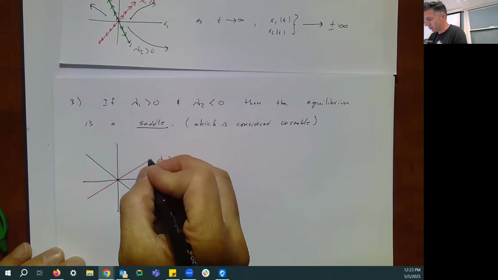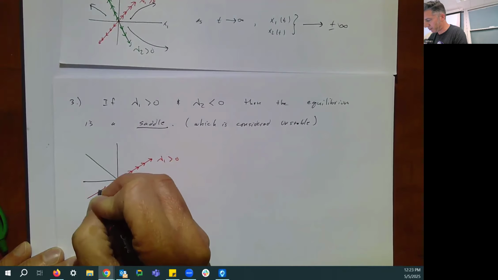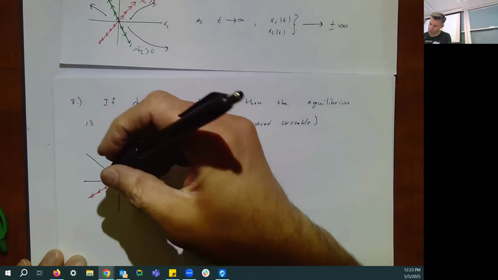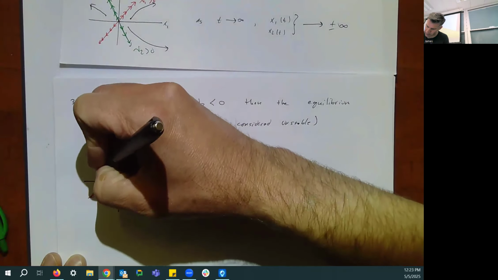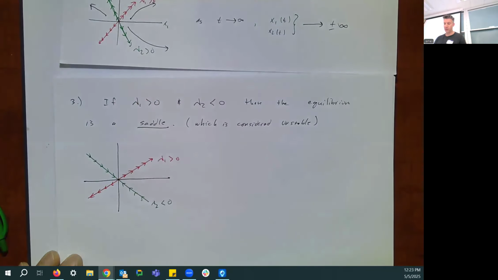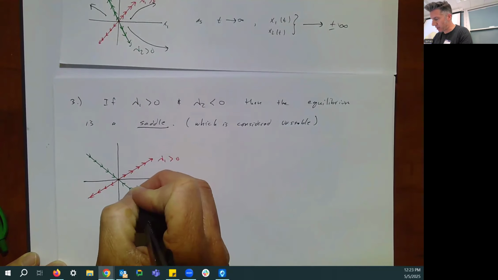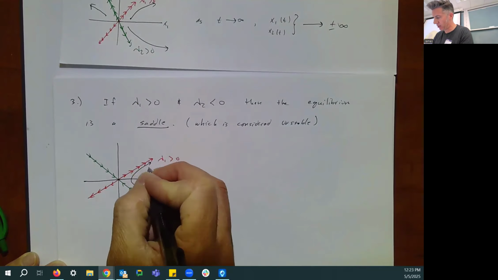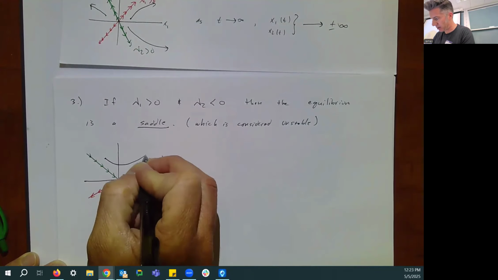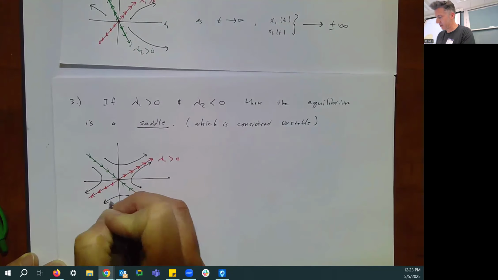But in this case, we're getting pushed away in the red direction, but we're getting pushed towards the origin in this green direction. So if you start anywhere other than on the green eigenline, like if we start here, we kind of get pushed in, but then eventually we get pushed away by this red one, or like that, or like that, or like that.